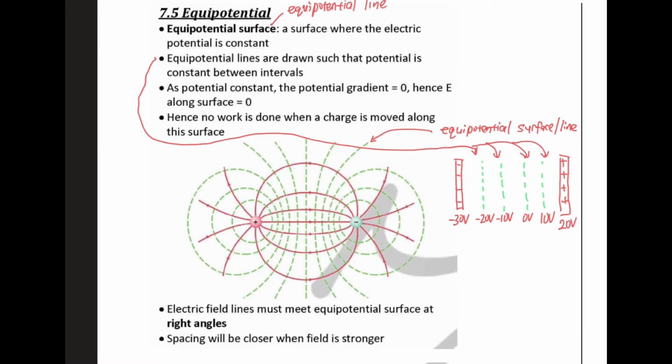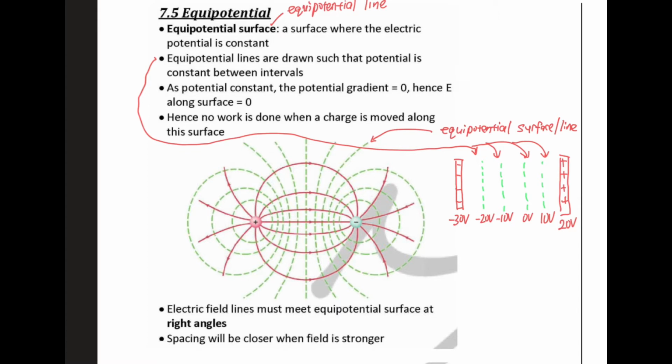Okay, so third point, as potential is constant, the potential gradient is equal to 0. Hence, E along surface is equal to 0. E is the electric field strength, which is equal to the potential gradient. Because along the equipotential surface or line, there is no change in electric potential, the potential gradient is 0.